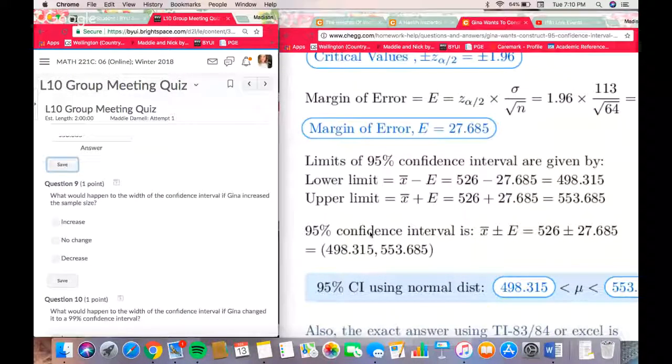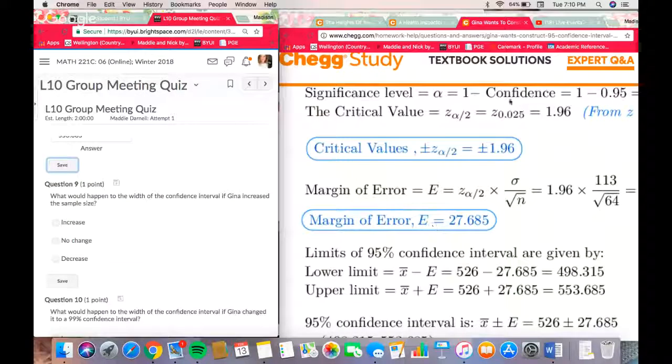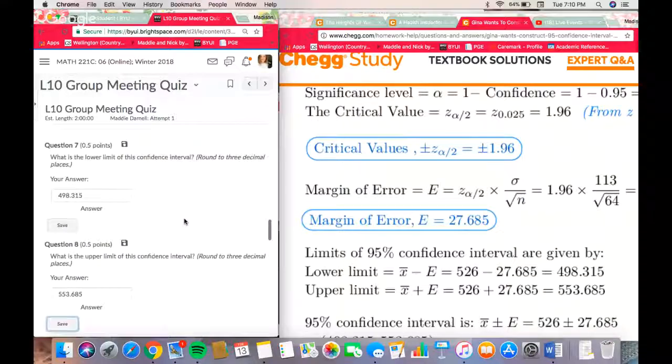Oh, it shows you right here. 95% confidence interval. Let's see. Oh, I know how they got the 1.96. How? For the 90 percentile.